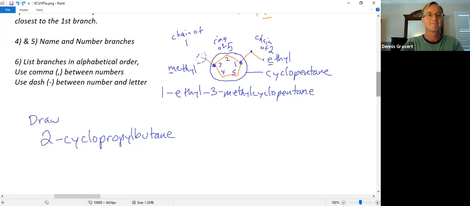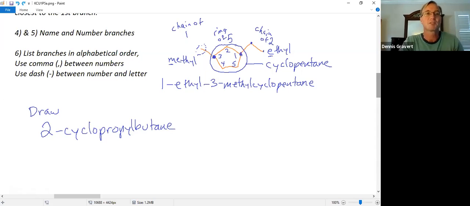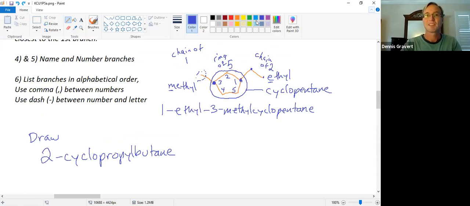Okay, go ahead and pause it if you didn't get a chance to draw 2-cyclopropylbutane. I should have paused it too. Okay, I chose this one on purpose.